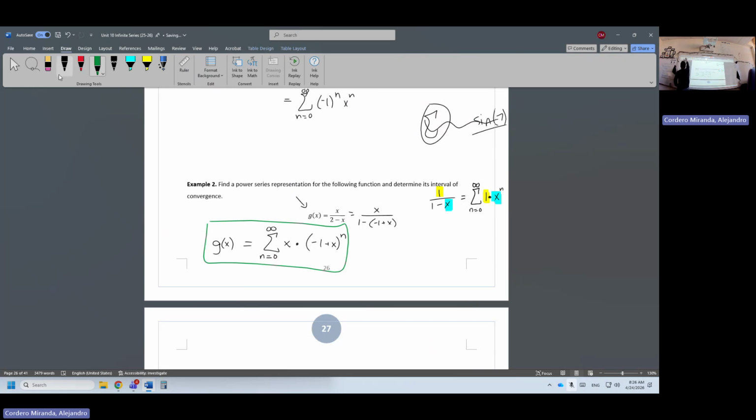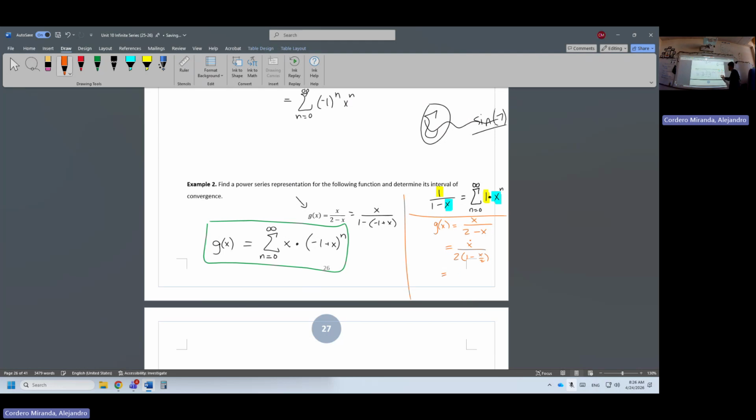So the other option, which is actually the better way to write it, is to treat this like g of x equals x over 2 minus x. If I just basically factor out 2 down here, then that's the same thing as x over 2 times 1 minus x over 2. And now you could even go like this.